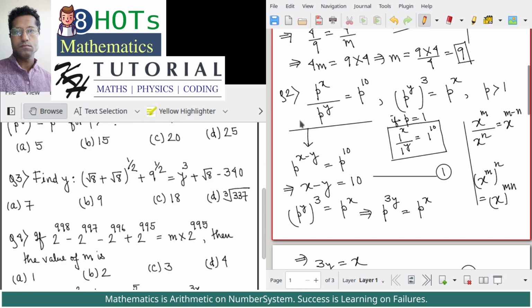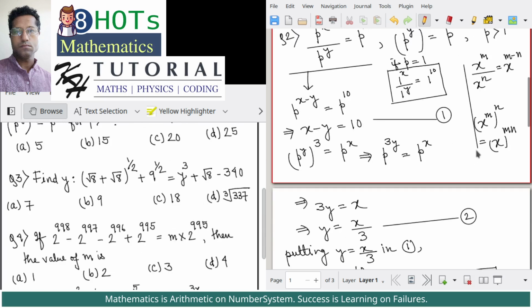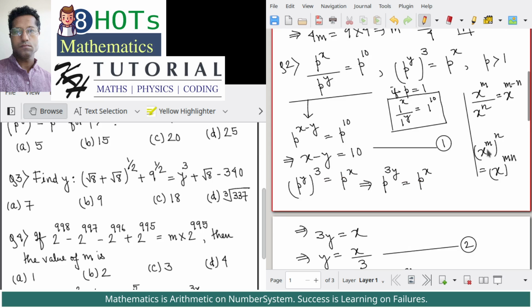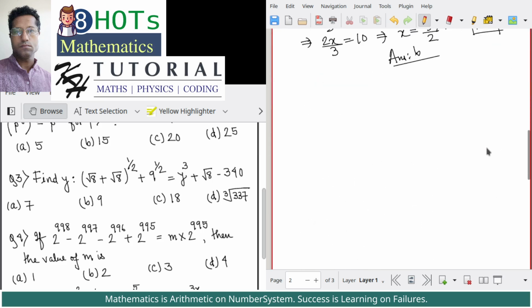Let's see question number 3. Find y. The equation given is (square root of 8 plus square root of 8) whole raised to the power half, plus 9 to the power half, is equal to y cube plus square root of 8 minus 340.